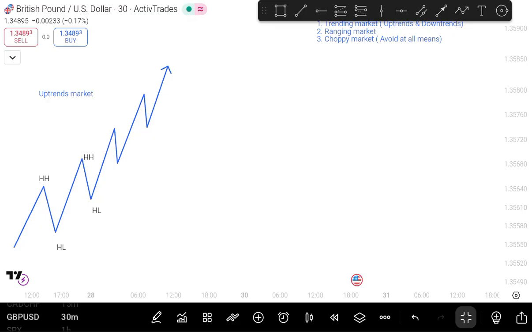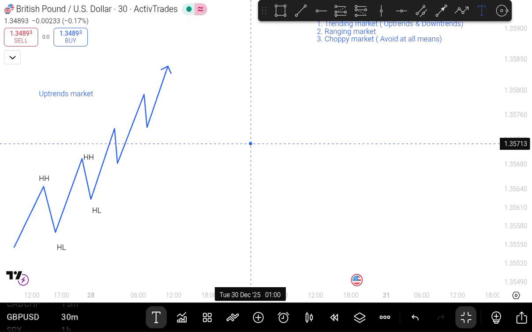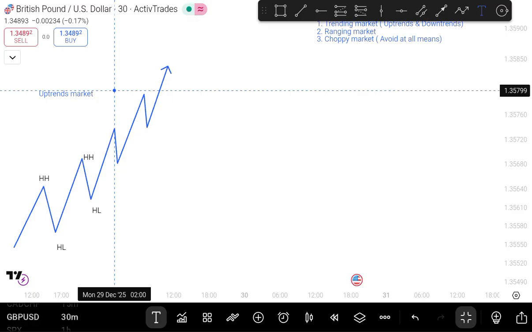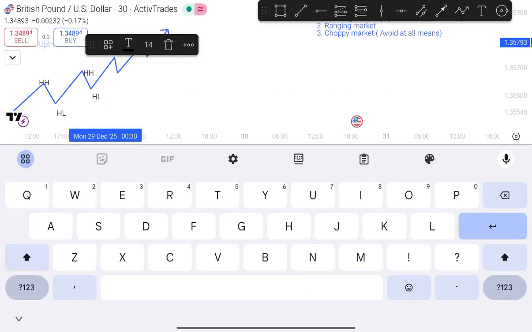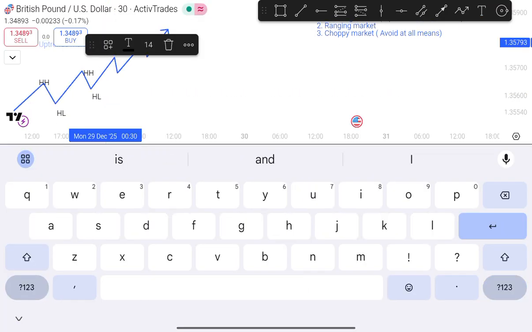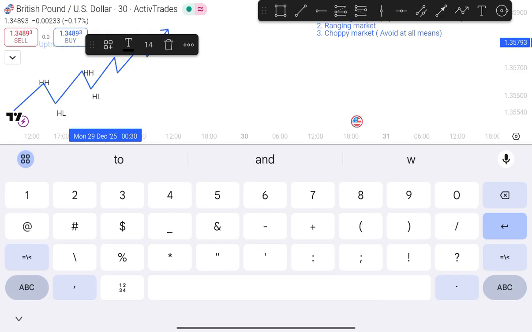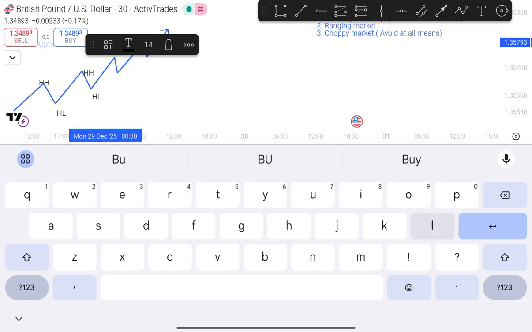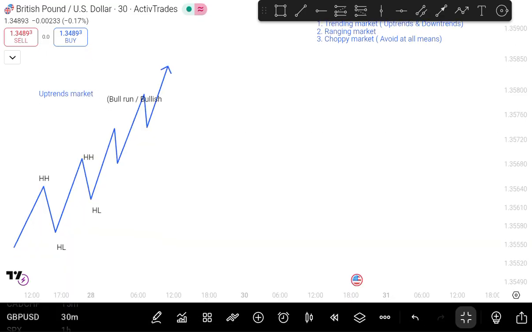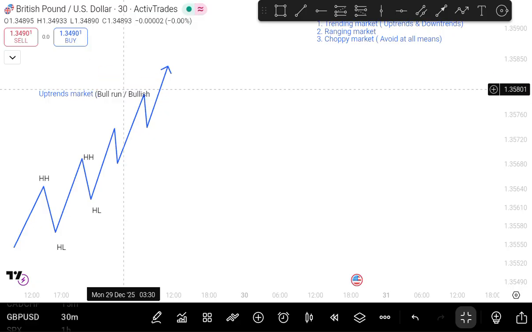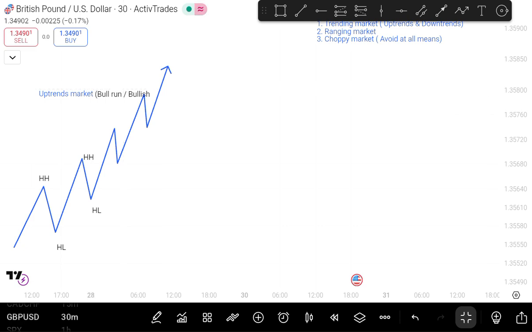It means that this uptrend market is in a bull run. The market is in a bullish direction. The market is in a bull run, or you can say the market is bullish.